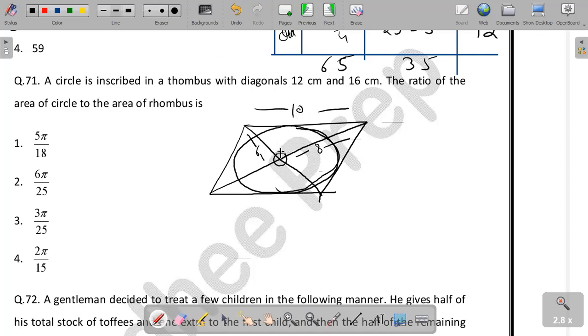So if this is the center of the circle, this should be the radius. This should be the 90 because this is the tangent. I have told you multiple times. This length should be 4.8. Fine.